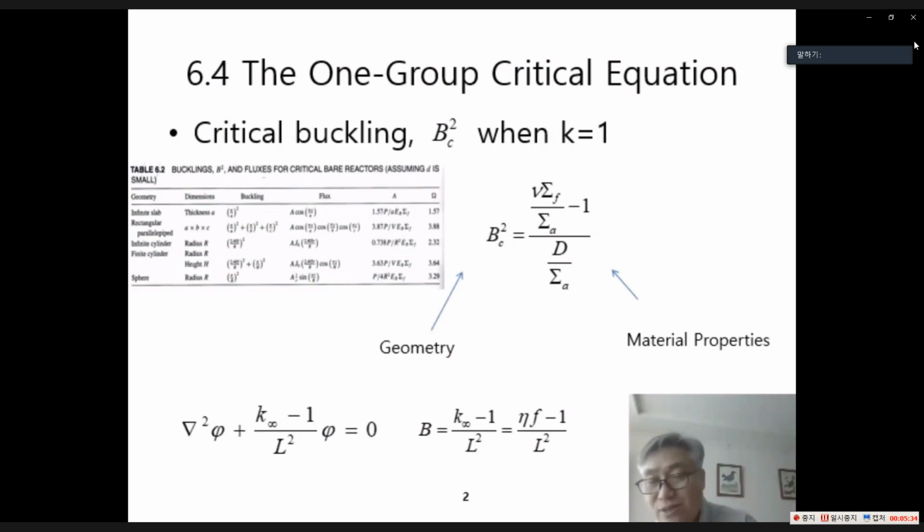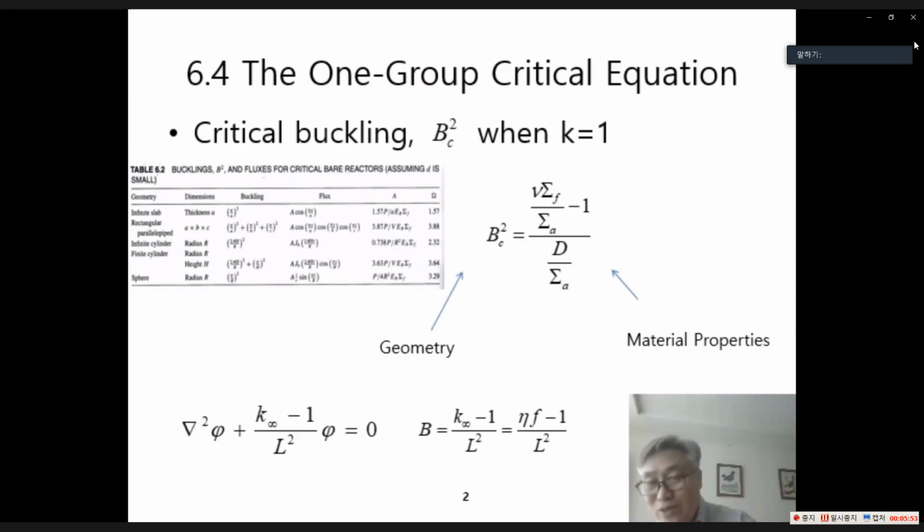Then, if it is a sphere, for example, B_c squared will be pi divided by R squared, and R_c can be determined by the right-hand side.